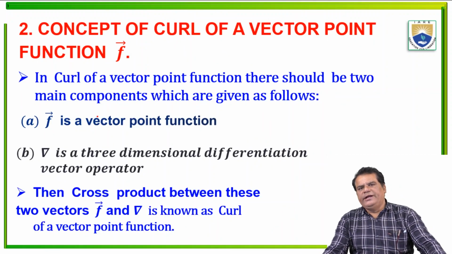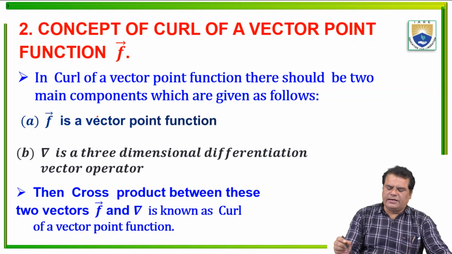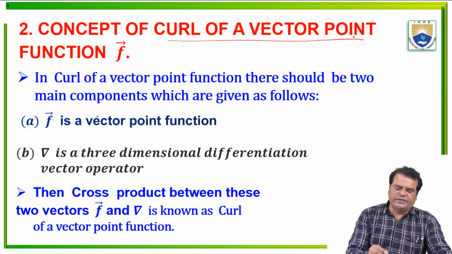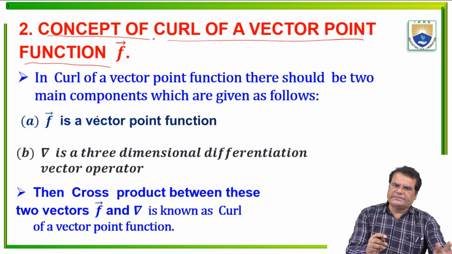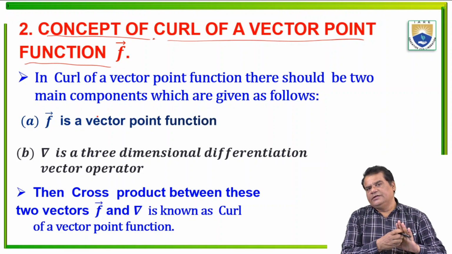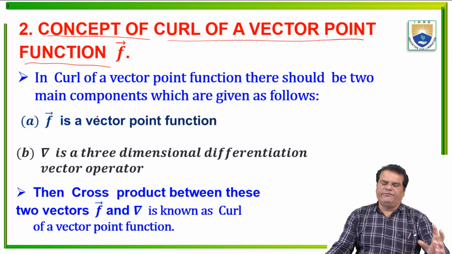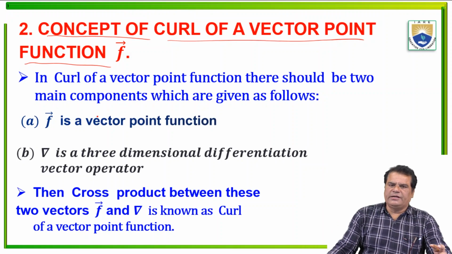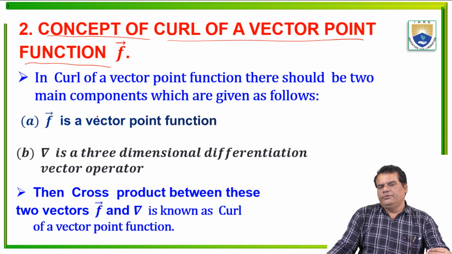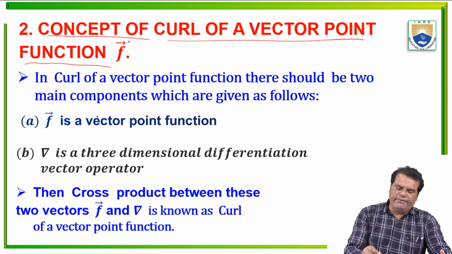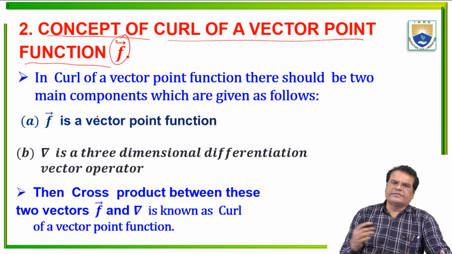Now, the second point is the concept of a curl of a vector point function. We have discussed divergence, the divergence of a vector point function. But now I want to discuss the concept of curl of a vector point function f vector. What is curl?